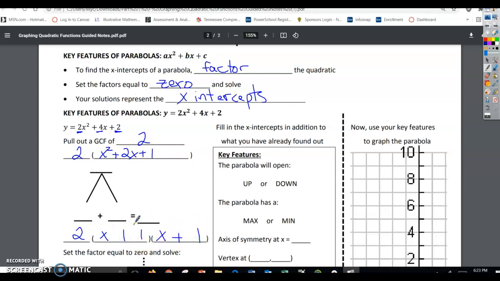These are both going to be plus, and that will be my factors. I think this is supposed to be 1 plus 1 equals 2. I think that's what they do when you multiply to get 1 and you add to get 2. This is the way they're looking at that. All right. Fill in the x-intercepts in addition to what you have already found out.